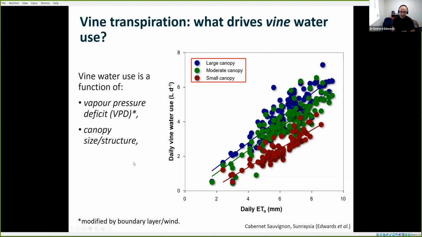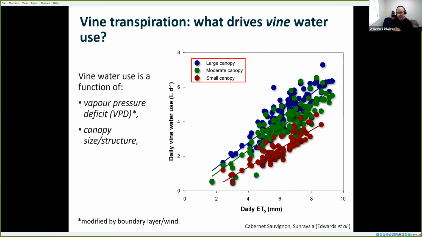So obviously the next factor is the actual size of the canopy. So clearly the bigger the canopy, the more water it's going to use, because you've got more leaf area for that water to evaporate off from. But interestingly, as the canopy gets larger, we've got more self-shading, we've got more influence on the boundary layer around the canopy, so higher humidity against the leaf.